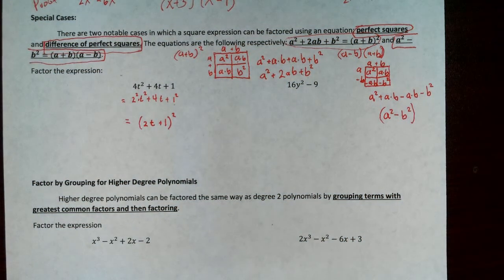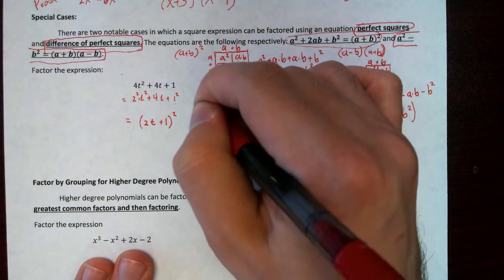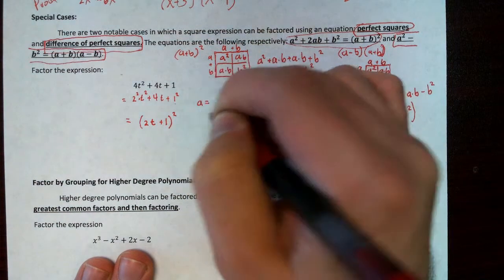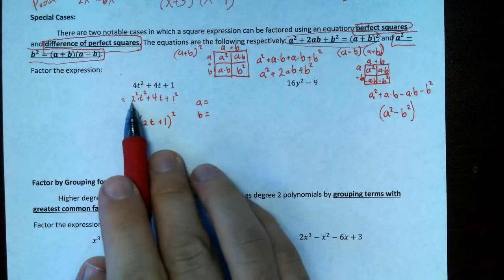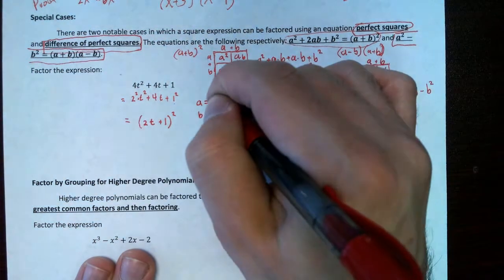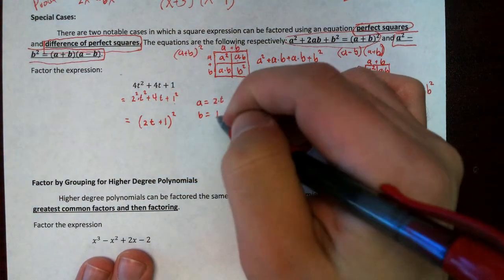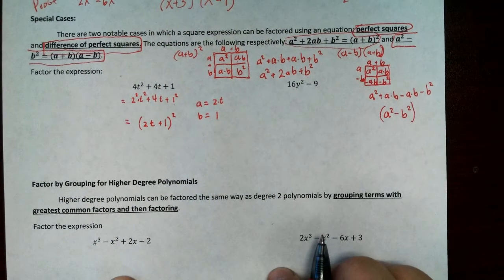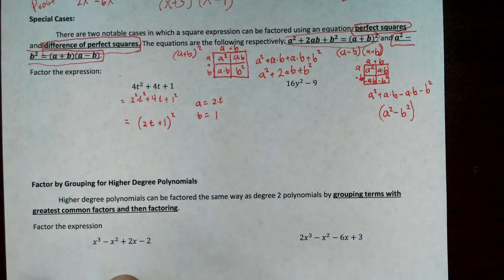That's just following the equation I identified, and actually this would be great practice if you're using this variant, which I want you to do: say what your a and b are. Right here, my a is 2 times t. Here, my b is 1. Hence, it's just going to be a plus b squared.